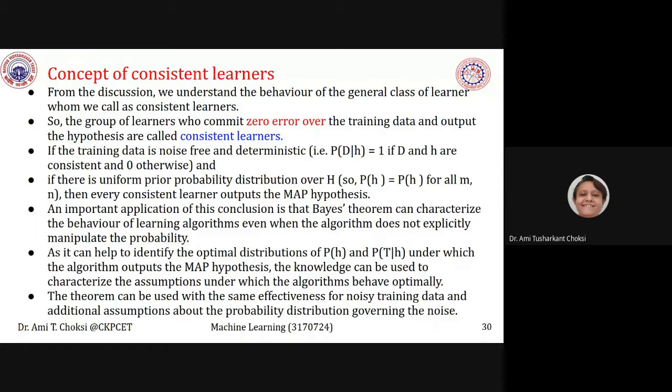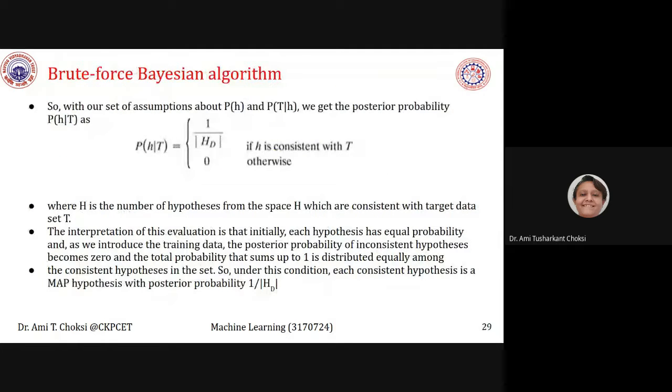Now, we want to learn the concept of consistent learners. Why? Because here in the brute force Bayesian algorithm, we have considered h is consistent with T and we get the value, or otherwise it is 0, right? So for 0, what is there to consider? Nothing, isn't it?